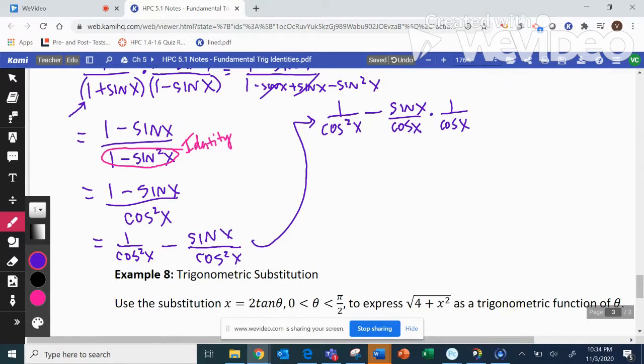I'm doing that because I know that this will not be a fraction anymore if I use the quotient identity. That's going to end up being tangent. And then 1 over cosine would be secant. And then 1 over cosine squared x is secant squared x.